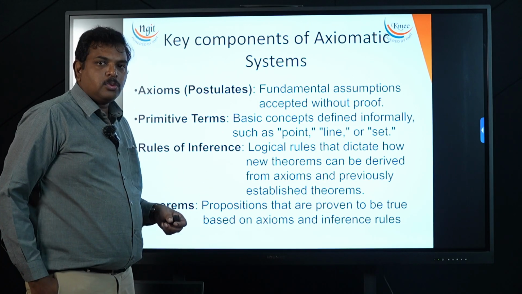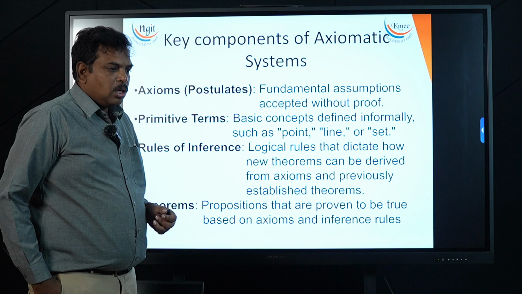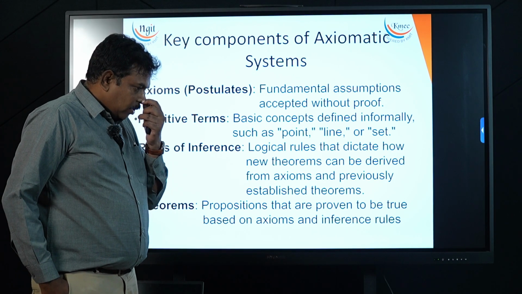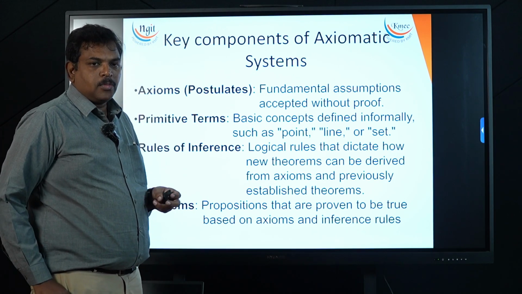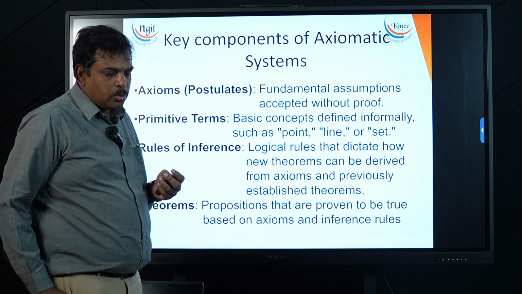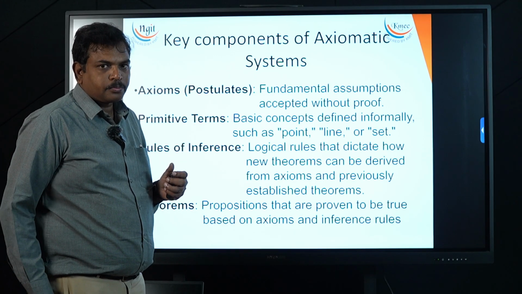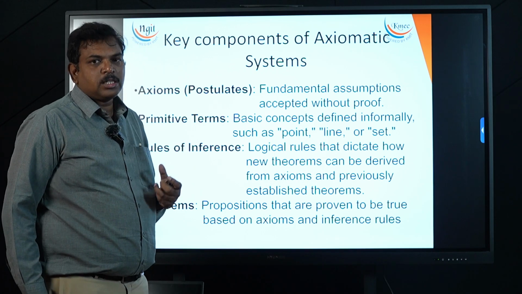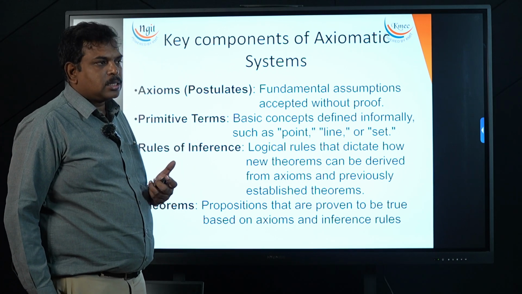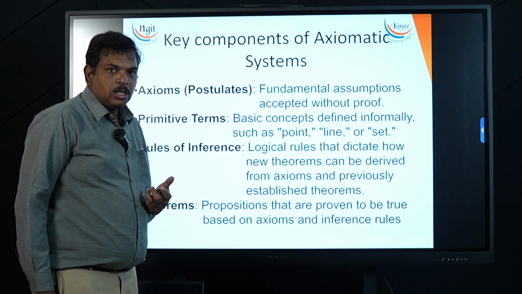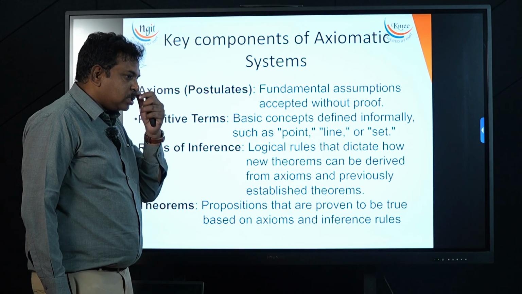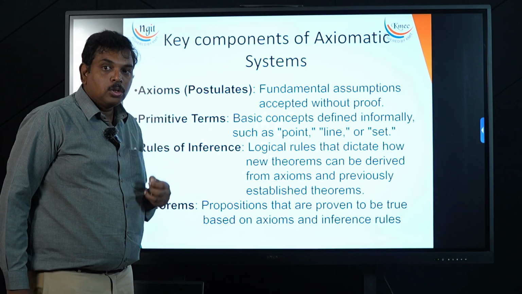If you want to prove something, we can't prove something from nothing. To prove something, we require one basic building block, one basic self-evident truth. Self-evident truth means we don't require proof for that truth.